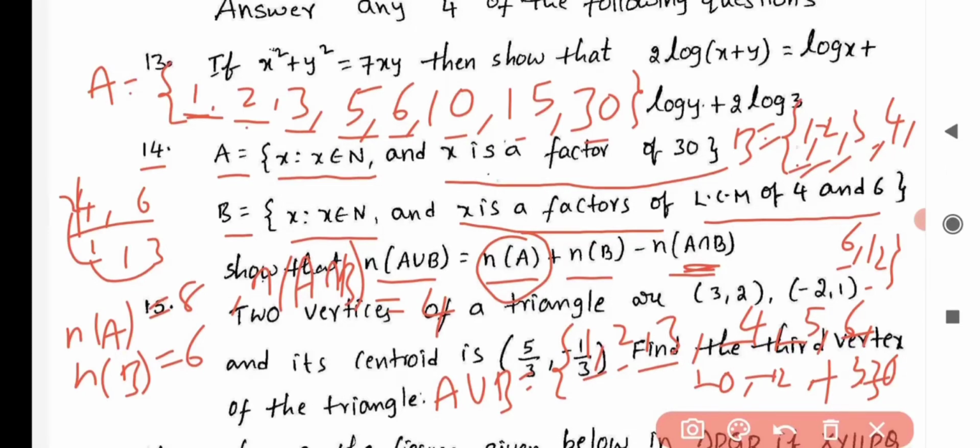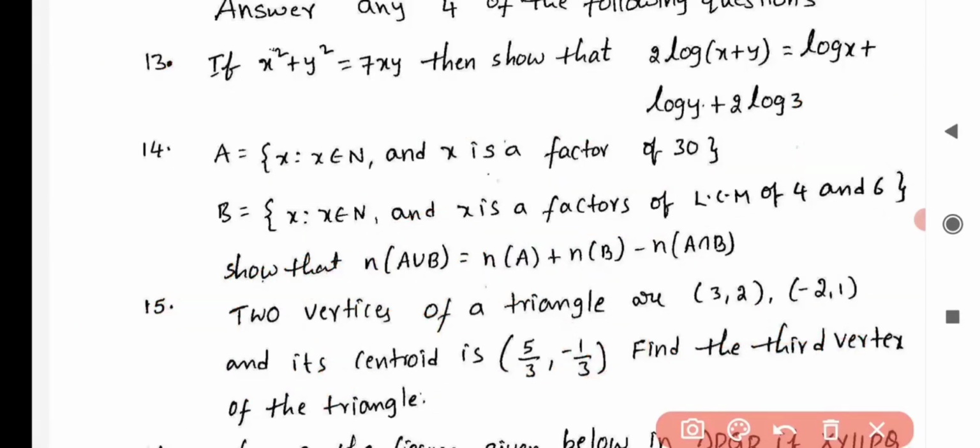Total 10. So n of A union B is 10, which equals n of A, 8, plus n of B, 6, minus n of A intersection B, 4. 8 plus 6 is 14, 14 minus 4 is 10. Therefore 10 equals 10. Verified. Okay, next, the 15th one.